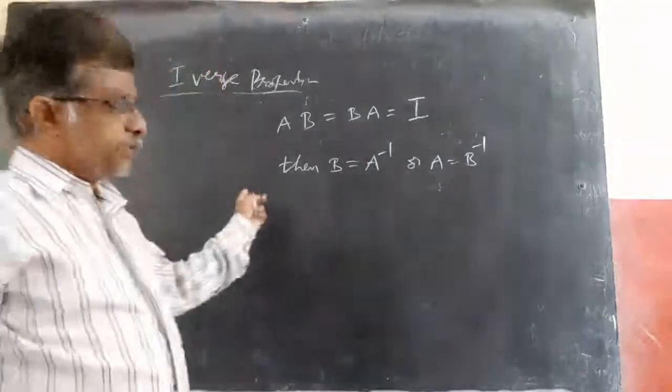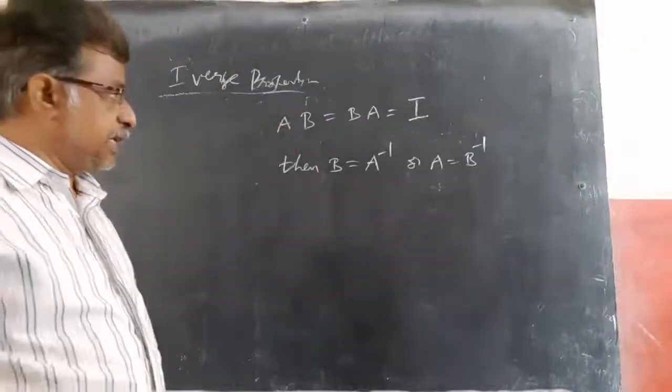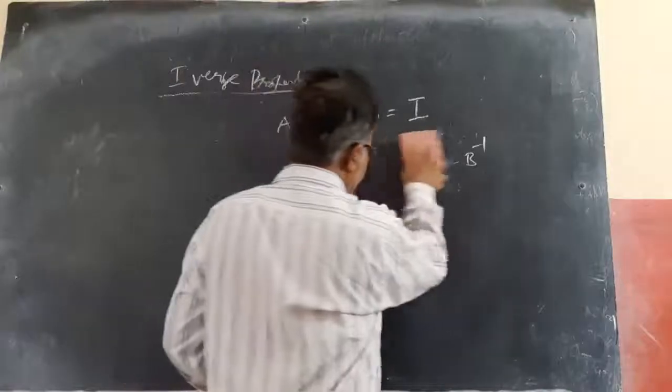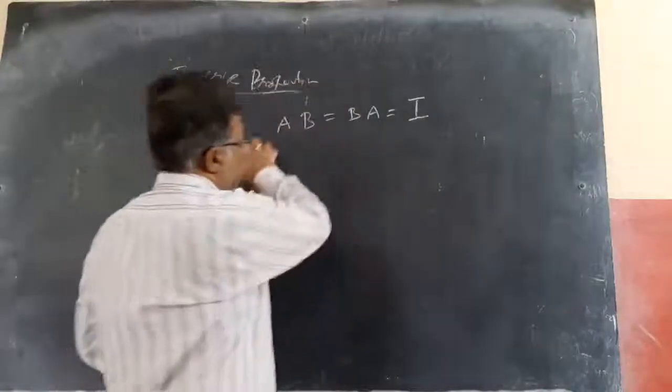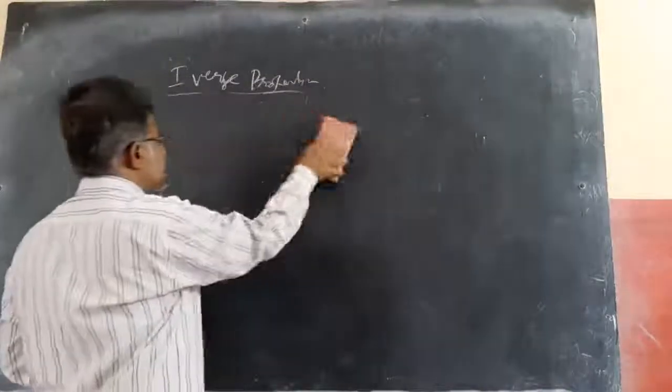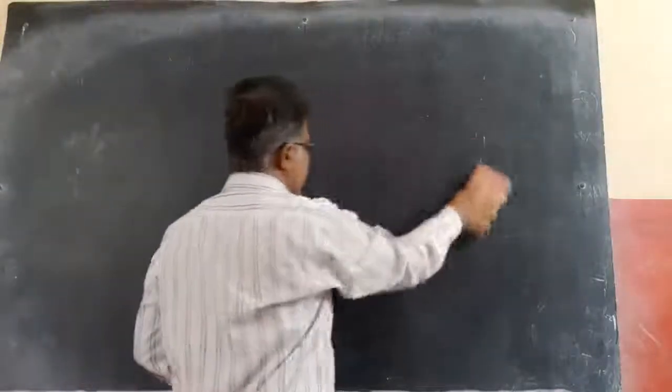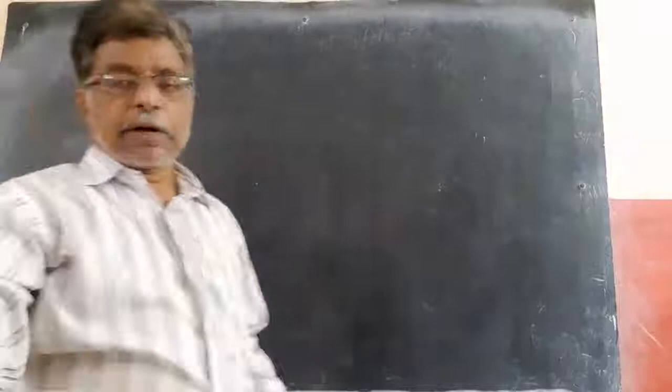This inverse property we will discuss in the inverse concept separately. A inverse exists only if det A is not equal to 0, and all those things. What is a determinant? Those we will discuss later on. First, just these properties are enough for multiplication. So, what are the properties we discussed?